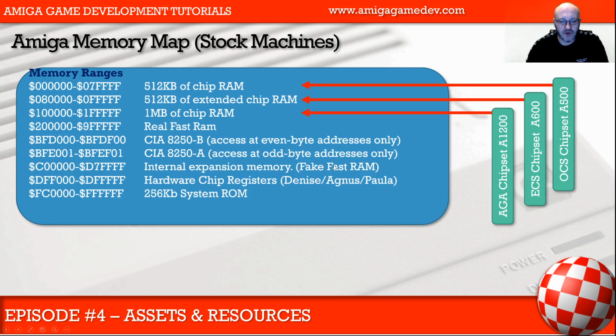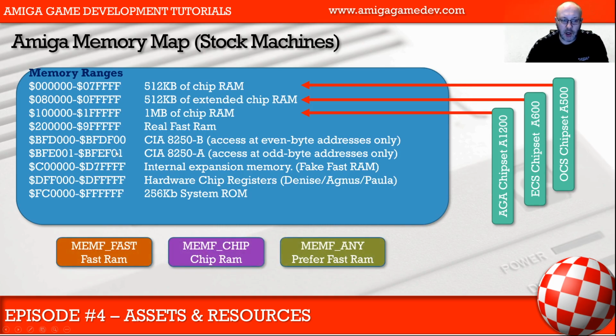When we say it's fake fast RAM, it's not real fast RAM. It is effectively a bit more chip RAM, to my knowledge, because it operates as fast as chip RAM, which is the slowest type. Now, if you had real fast RAM, so I guess that's actual memory chips slotted inside of the machine, the RAM you'd get allocated will be in this region here, 200,000 to 9FFFFF. And these are the ranges we're going to be coming on to a bit later on.